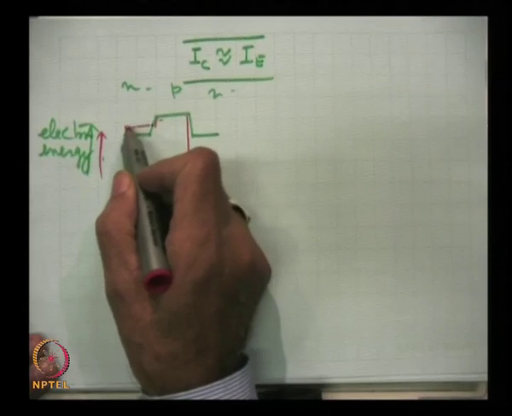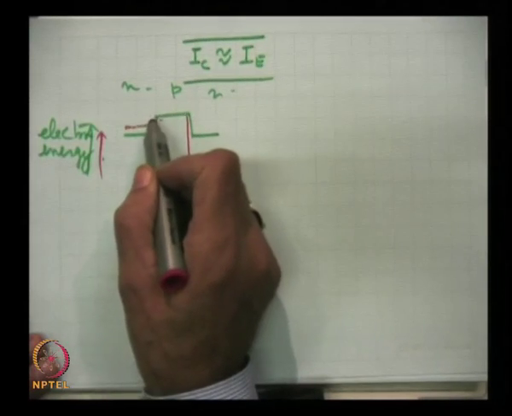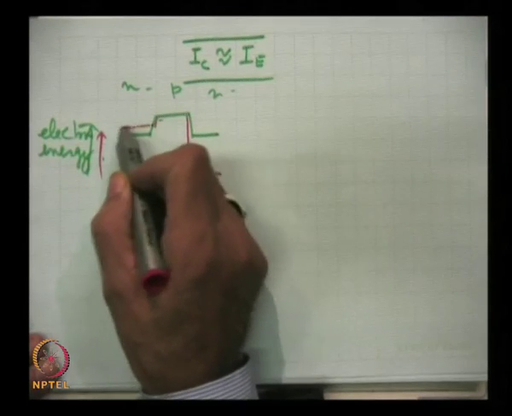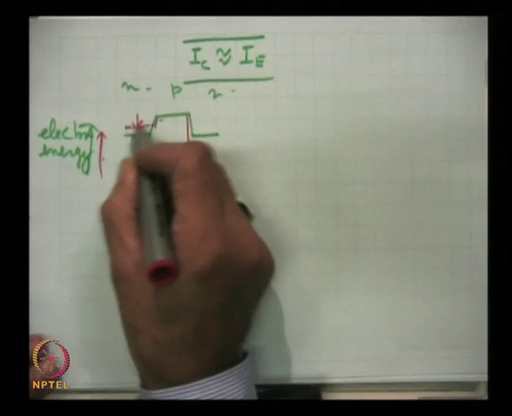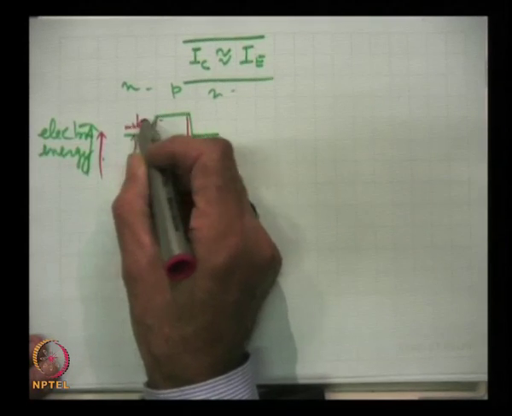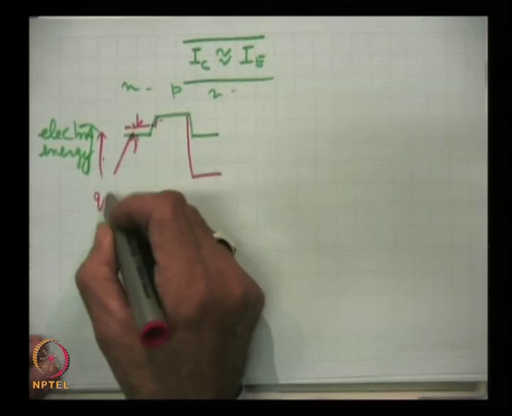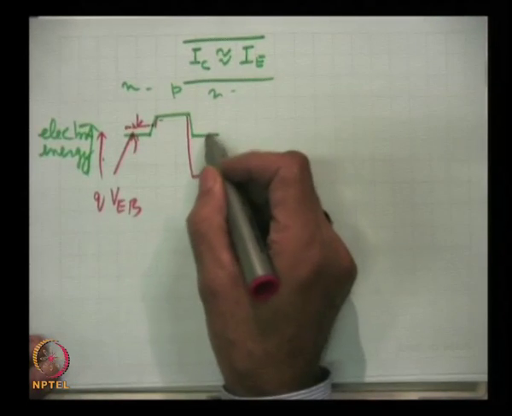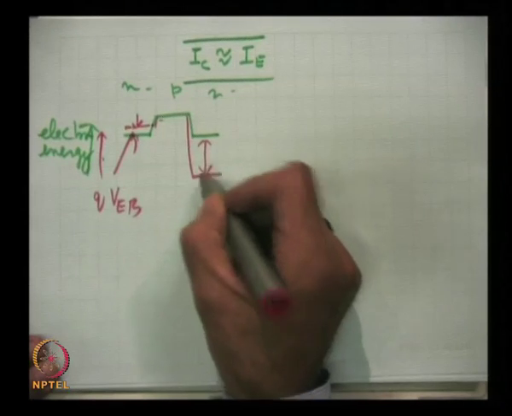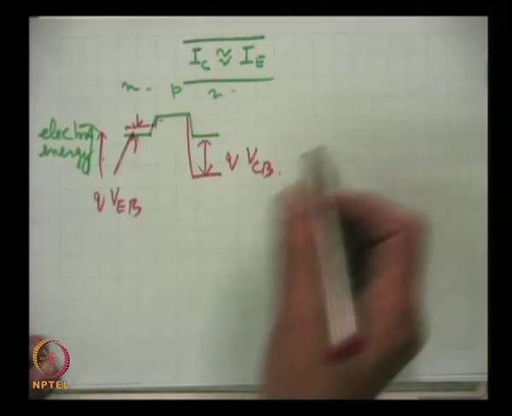The potential barrier at the emitter junction has been reduced because of the forward bias, and this is correspondingly equal to Q into V_EB, and this much change is Q V_CB.